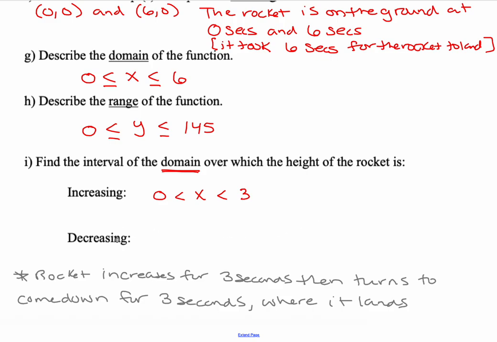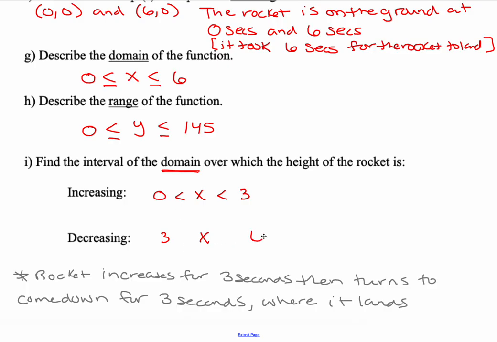Okay? So then it starts to decrease. So again, it's my domain, so I'm going to put my x's. Now, when does it start decreasing? It turned at the 3 seconds, so that is actually when it decreases. So it starts decreasing at the 3 seconds, and that makes sense that these two numbers match, because that's the turning point. Then it went for 3 more seconds, and it landed at 6 seconds.